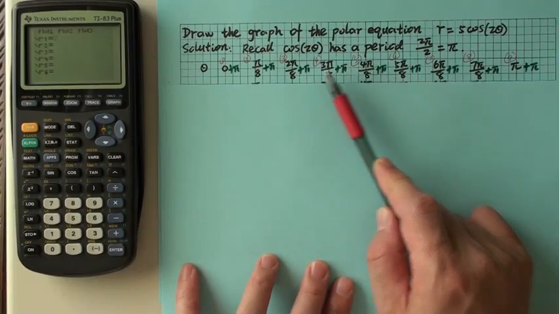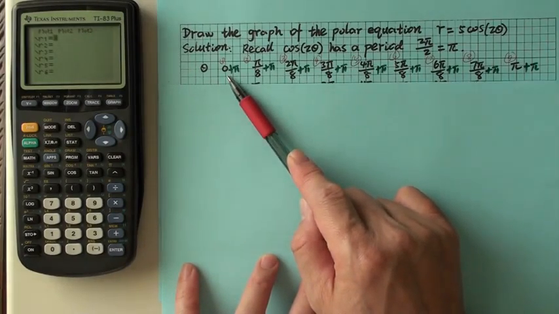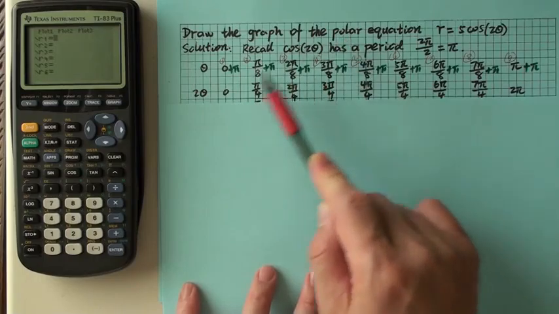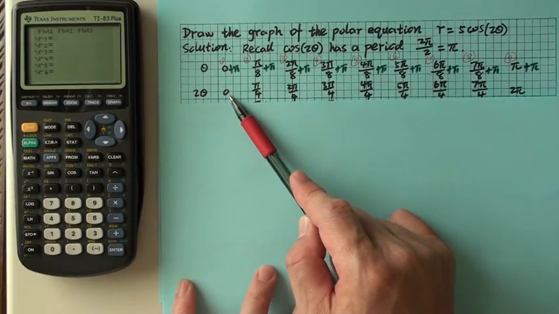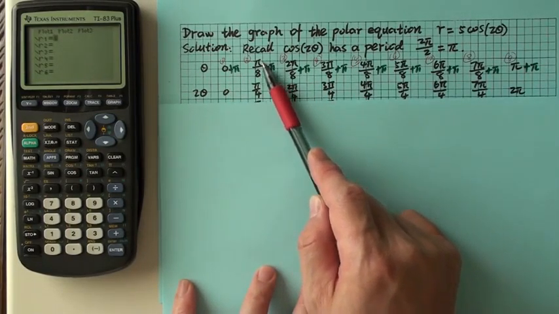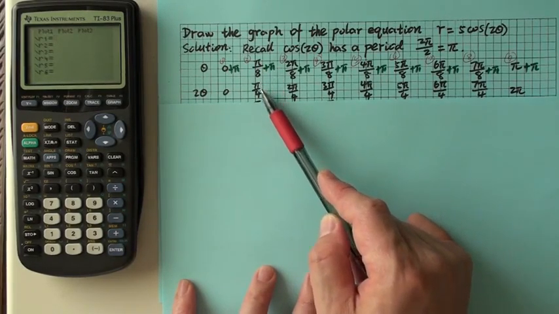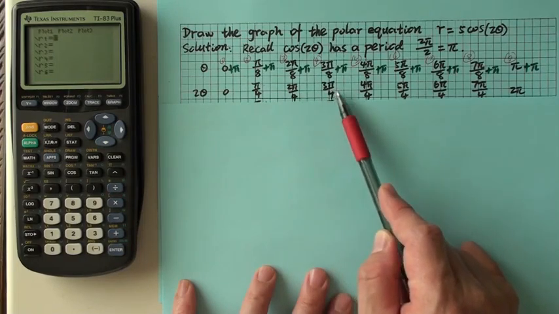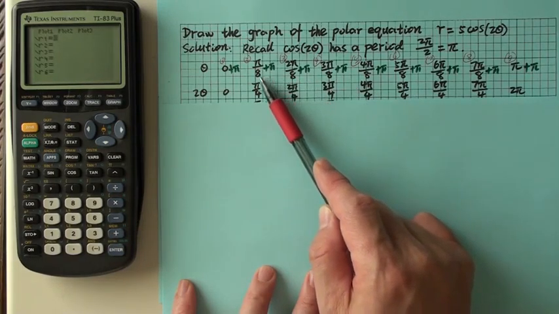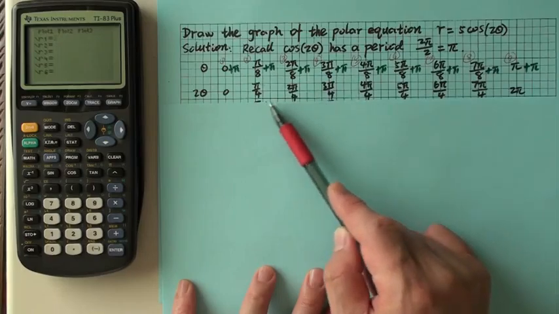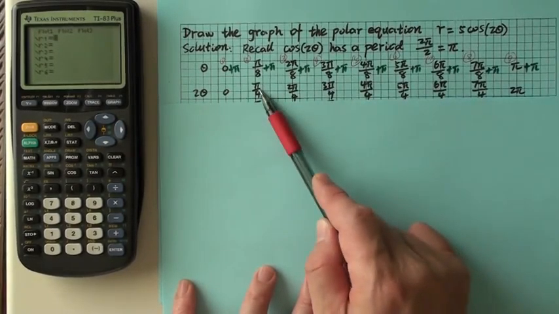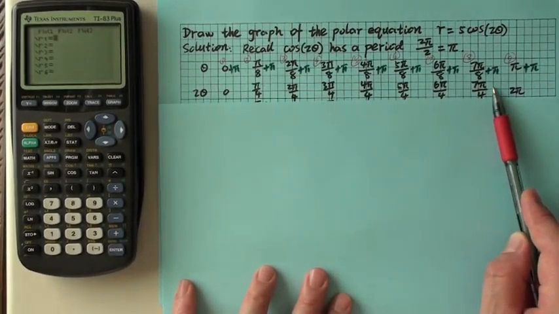Now when theta equals 0, then 2 times 0 is 0. Theta equals pi over 8, 2 times pi over 8 is pi over 4. Similarly, you basically cancel this 8 to 4, the upstairs I keep the same.